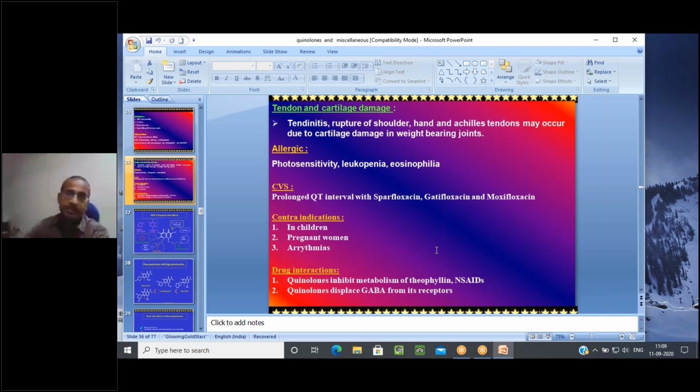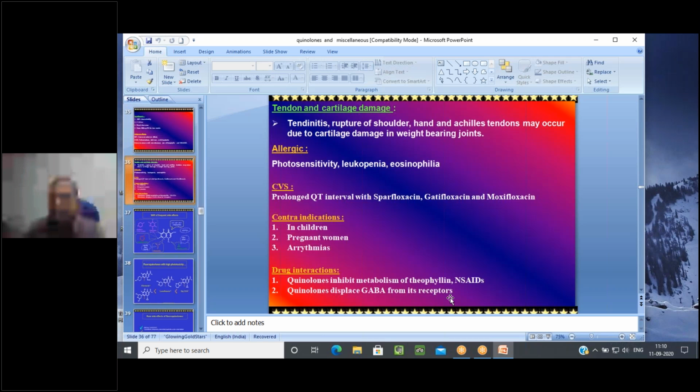Okay, next one. Contraindications are in children because of the growing age; they become susceptible.